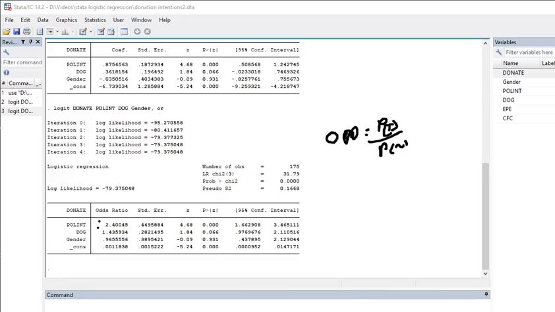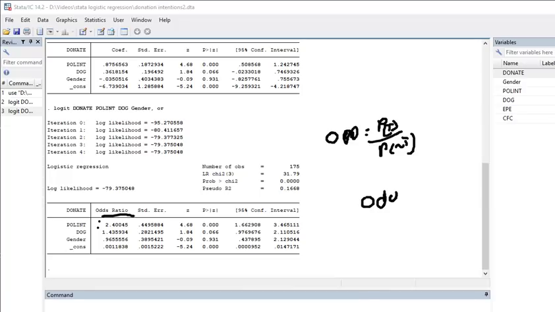Now, the odds ratio that you see right here is not this. The odds ratio is actually reflecting the changes in odds for every unit increase on the predictor variable. And so this is actually a ratio of odds. For instance, if we started at the mean on political interest, we would expect a certain odds at the mean.